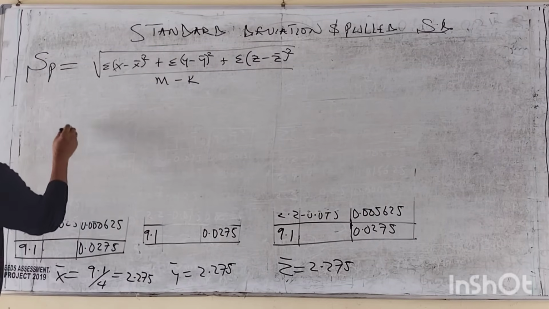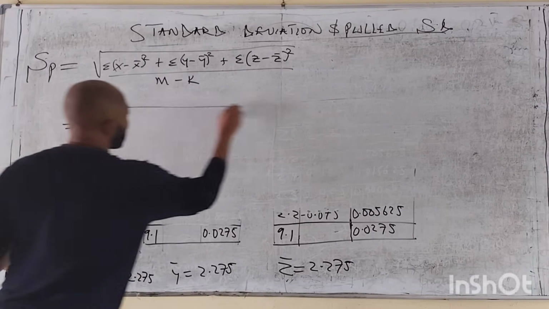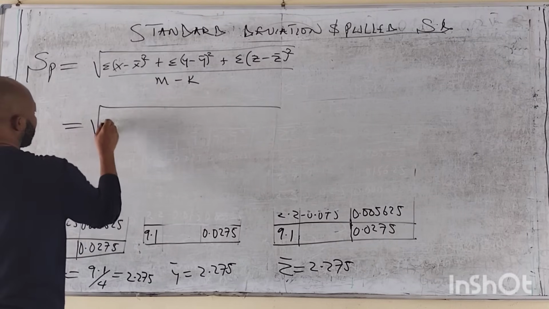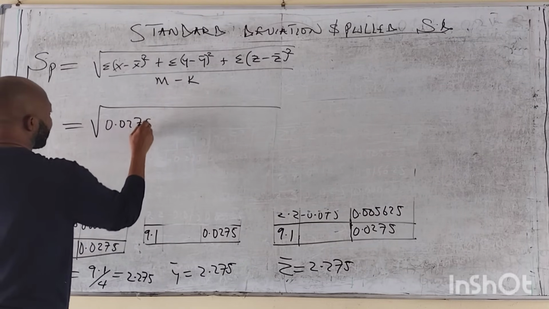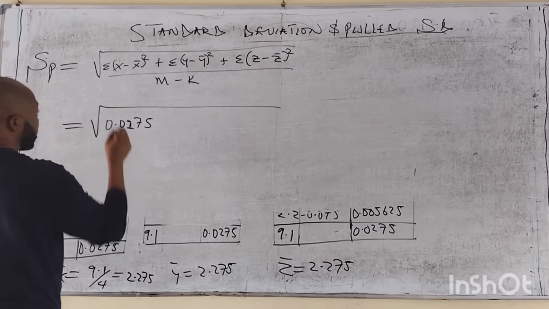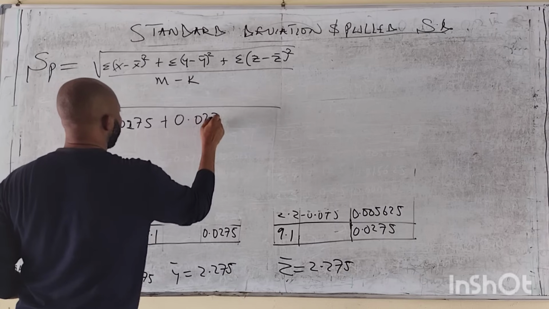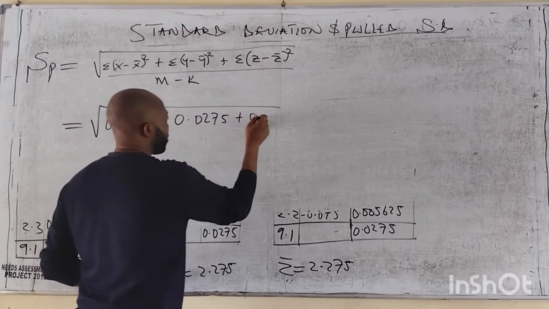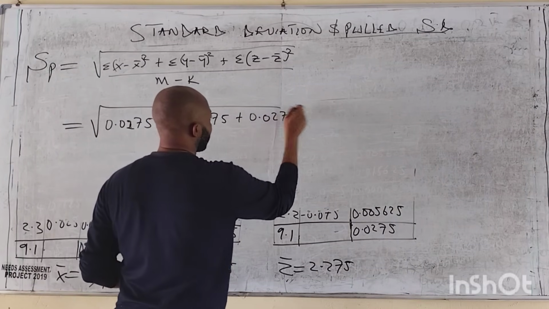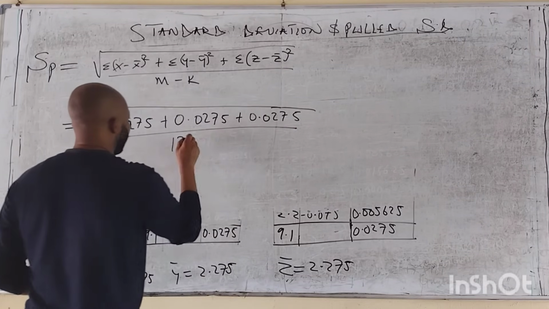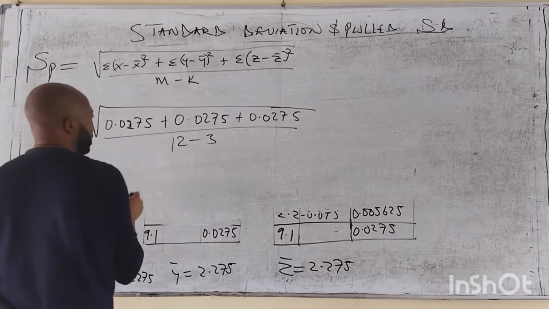So here, this is equal to my x is 0.0275, 0.0275 squared plus 0.0275 plus 0.0275, all over my n of 12 minus 3, which is 9.